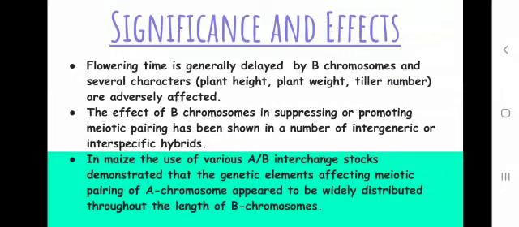In maize, the use of various A by B interchange stocks demonstrated that the genetic elements affecting meiotic pairing of A chromosomes appear to be widely distributed throughout the length of B chromosomes.